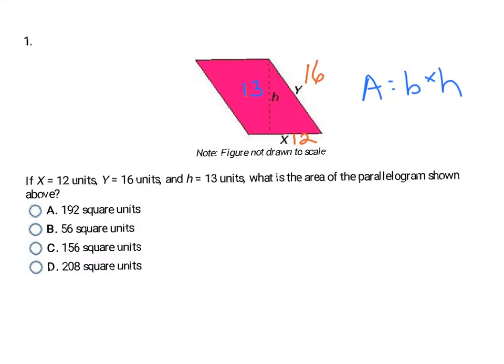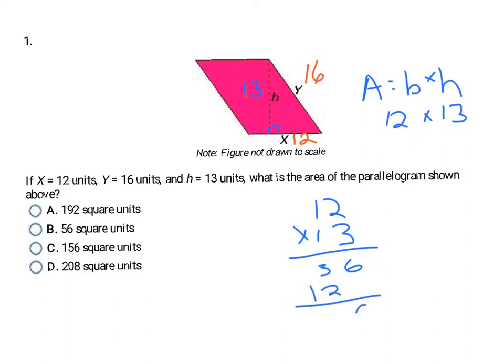They give us extra information to try to trick us up. I know that the height is 13, and the height is perpendicular to the base, so my base is x, which is 12. That means I'm going to take 12 times 13, and when I work that out, I get 156 square units as my final answer.